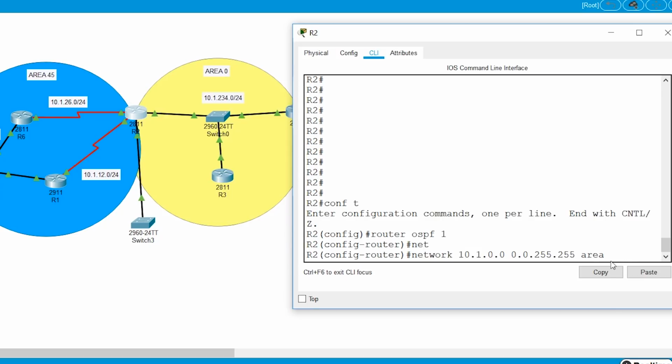That's not what we want. We want only these serial interfaces to do area 45, only this fast Ethernet interface to do area 0, right?